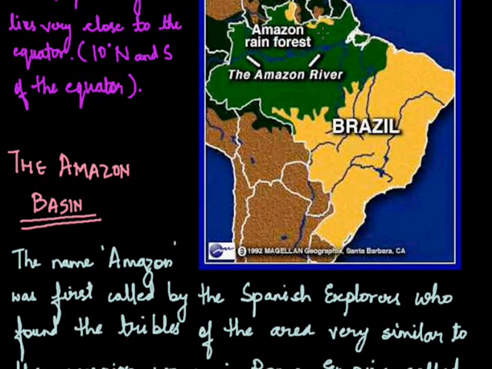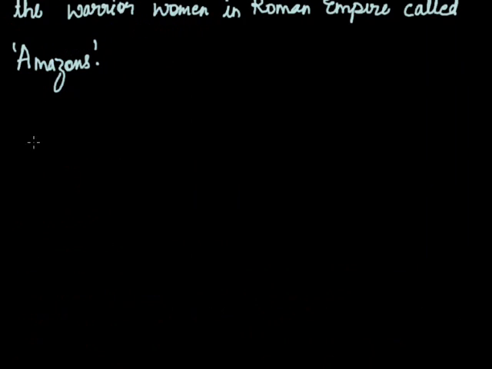So let us start with the conditions existing in the Amazon basin, the climate. The climate of the area is hot and wet.